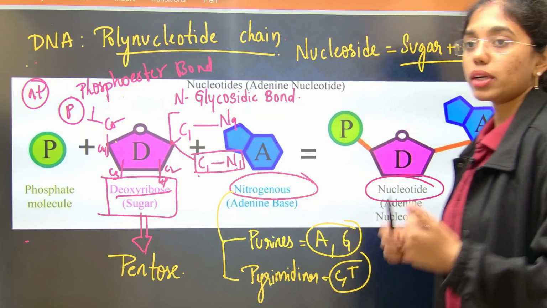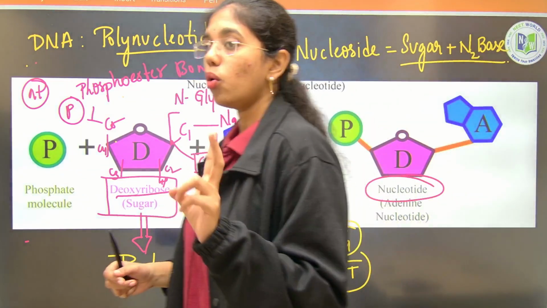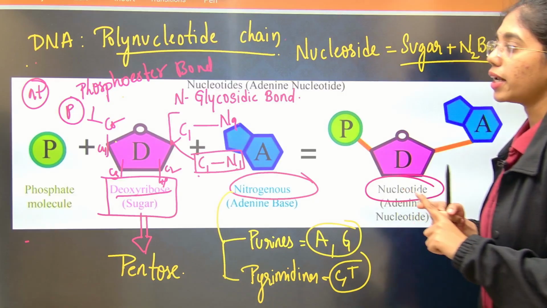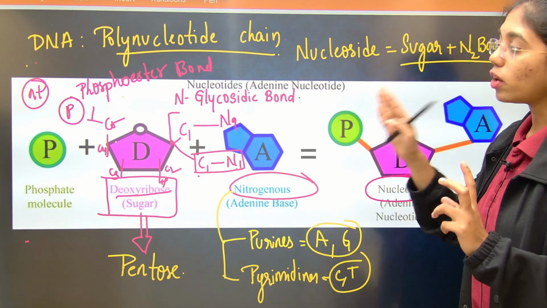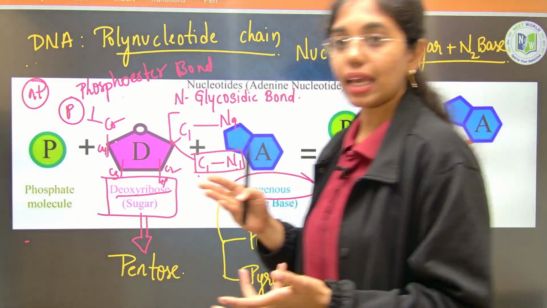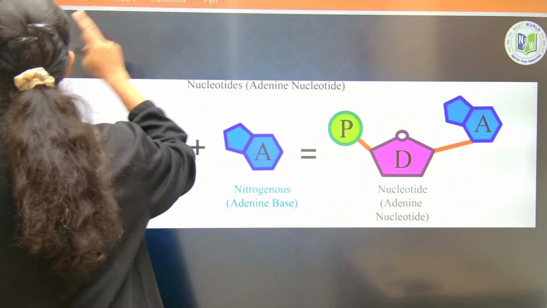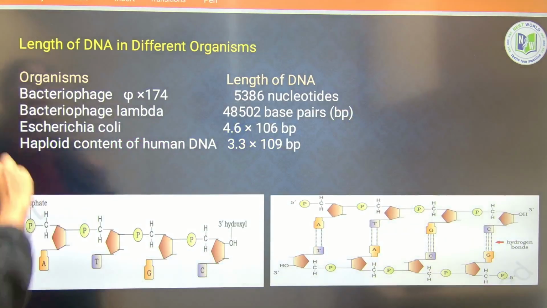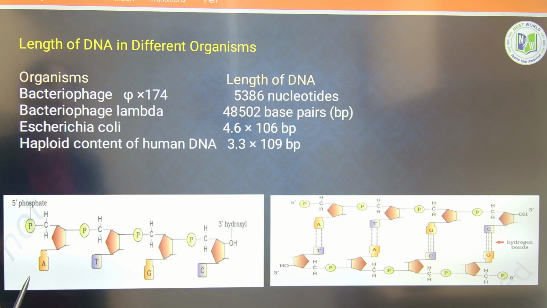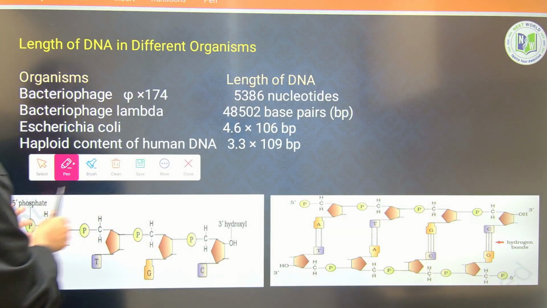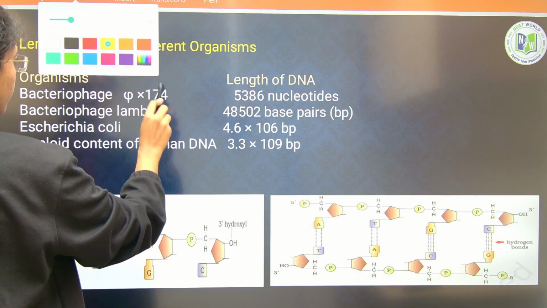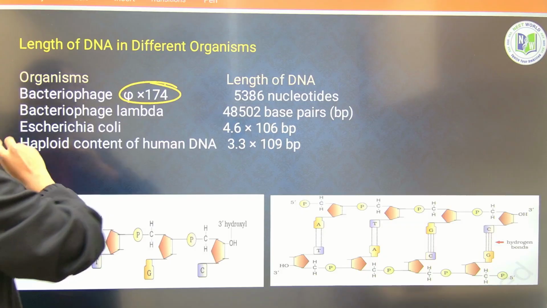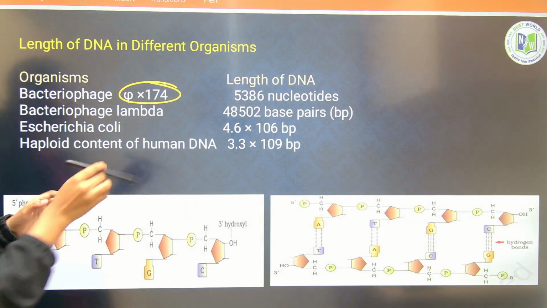In a nucleotide, 2 bonds are involved: one is the N-glycosidic bond, second is the phosphoester bond. For a nucleoside, only a single bond is involved, that is the N-glycosidic bond. Clear till here? And here you see the length of DNA in different organisms. Considering different organisms, first bacteriophage lambda and phi X 174. This lambda bacteriophage has how many nucleotides?